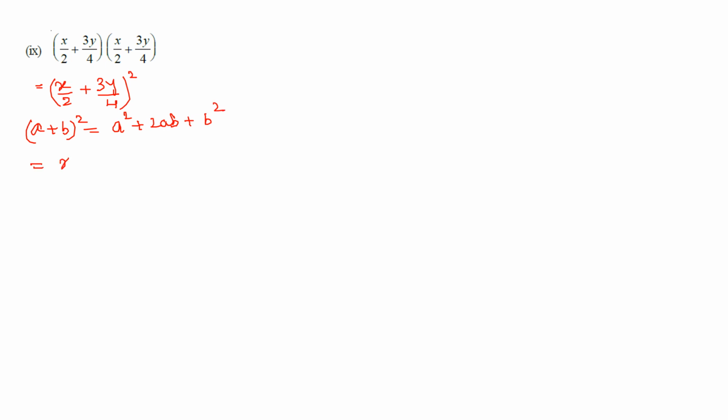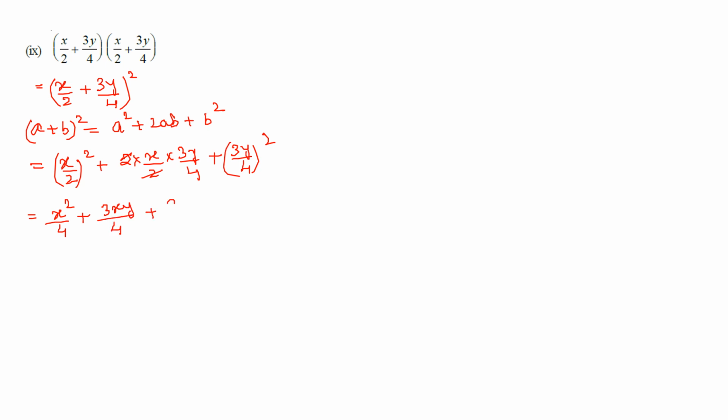So it is equal to x by 2 whole square plus 2 into x by 2 into 3y by 4 plus 3y by 4 whole square. So 2 and 2 cancel. So it will become x square by 4 plus 3xy by 4 plus 9y square by 16. So this is the ninth question.